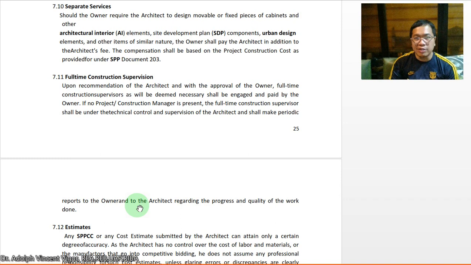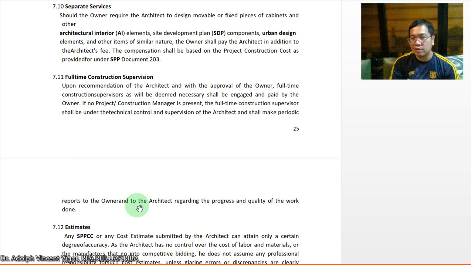If no project construction manager is present, the full-time construction supervisor shall be under the technical control and supervision of the architect and shall make periodic reports to the architect regarding the progress and quality of the work done. So if you're hired as an architect, guys, it does not necessarily mean that you're going to do the full-time construction supervision. There's a separate contract and agreement for that.